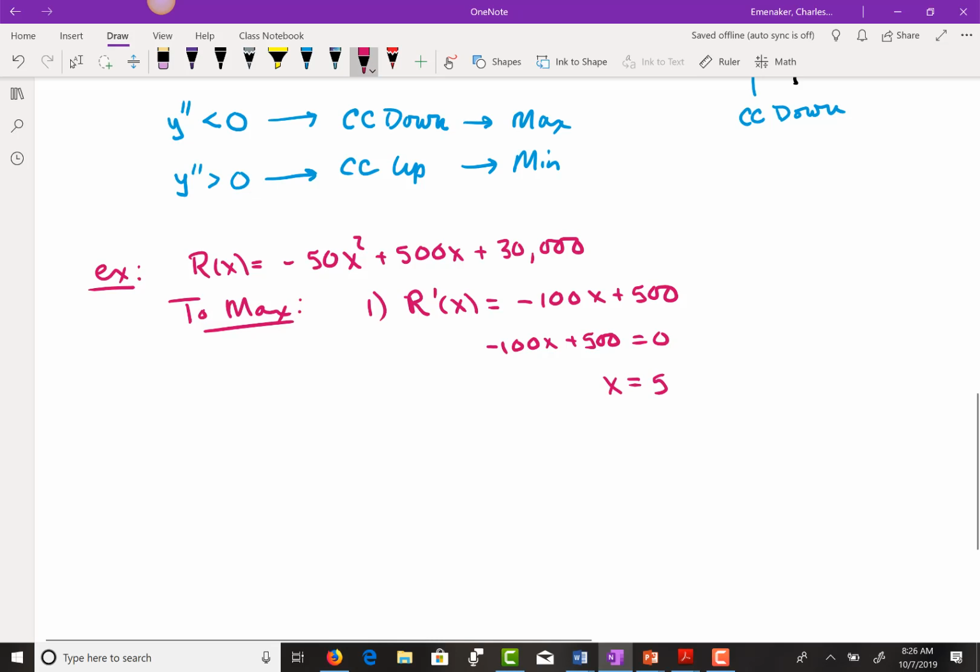What's going to happen if you're minimizing revenue? What's going to happen to your business if you minimize the revenue?